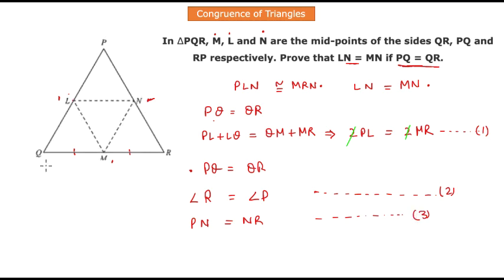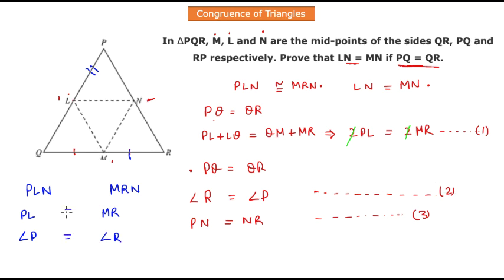Okay. So now let us summarize our findings. I have a triangle PLN, and then I also have a triangle MRN. What do we collect so far based on these 3 findings? First, we can tell that the side PL is equal to the side MR, from our finding number 1. Angle P is equal to angle R. This is our finding number 2.